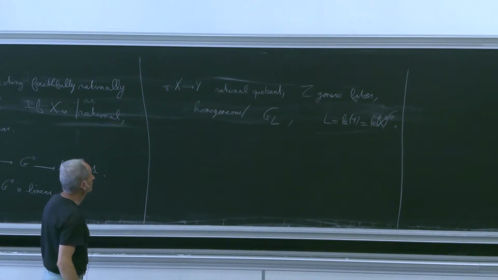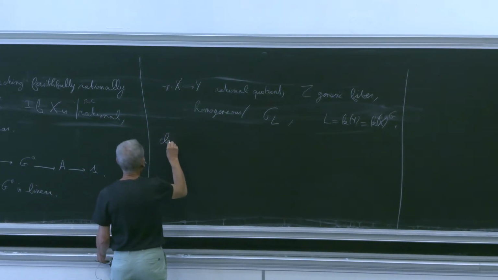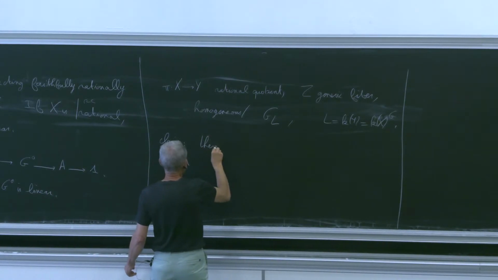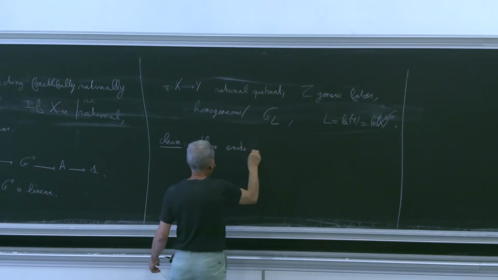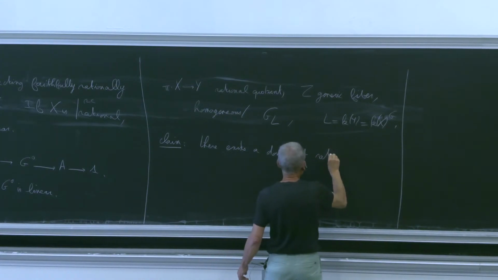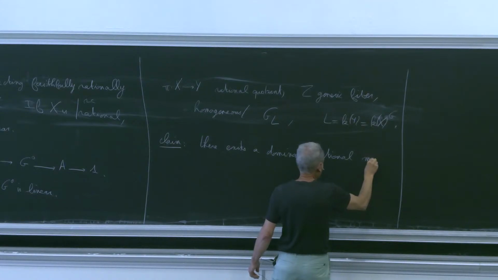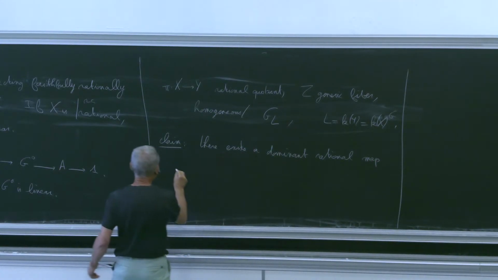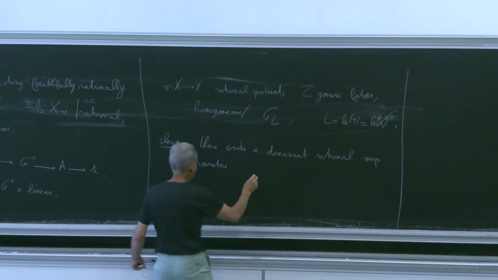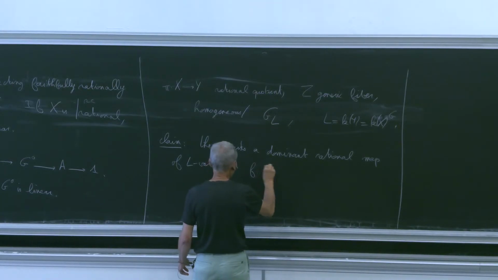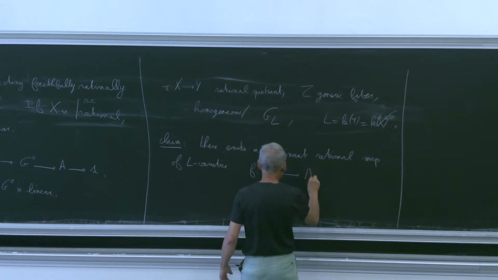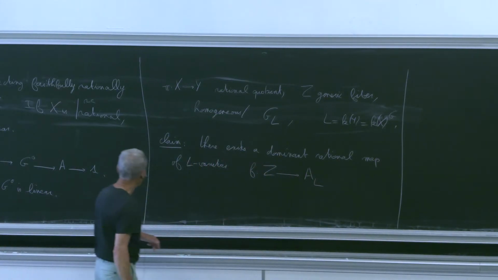And what I will claim is that there exists a dominant rational map of L-varieties F from this L-variety Z to the base change A_L.